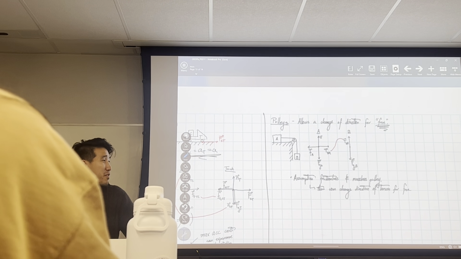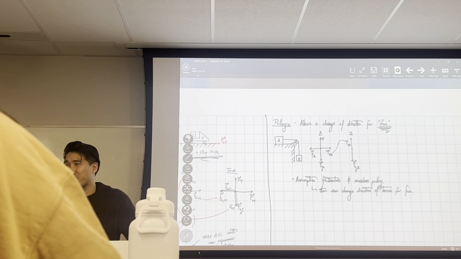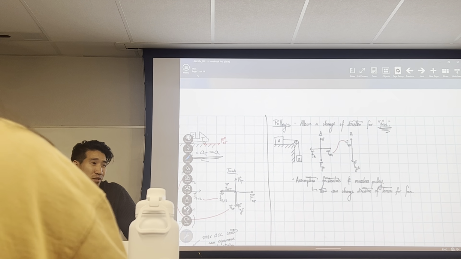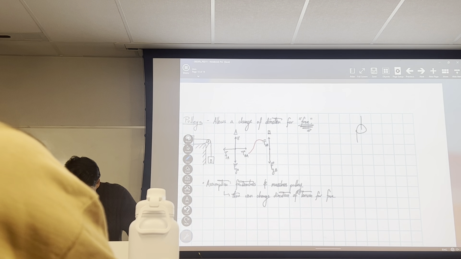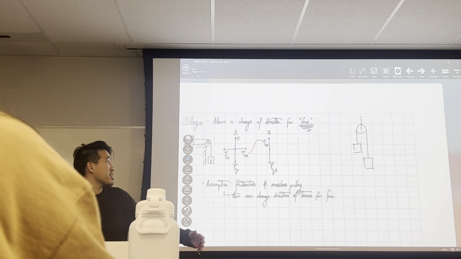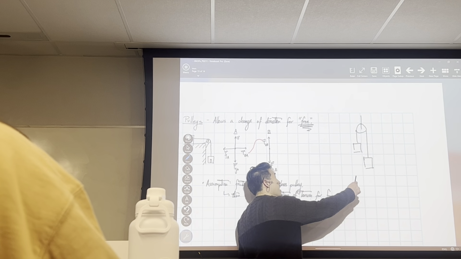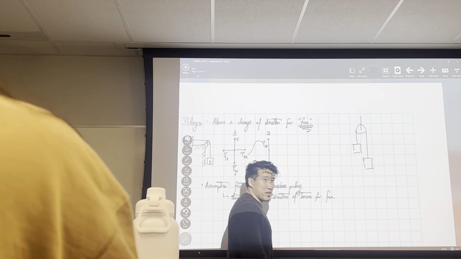Oftentimes, we have a tremendous source of force that we have constant access to, and that's called gravity. Now, we can use that to lift other things by using pulleys that look like this. If one object is heavier, then you can lift the other object, as soon as you connect them through a rope and a pulley.